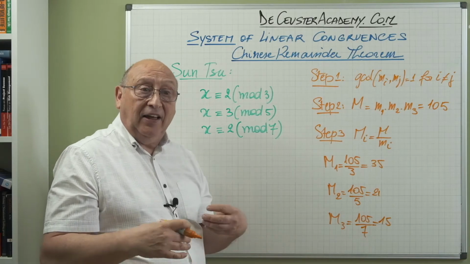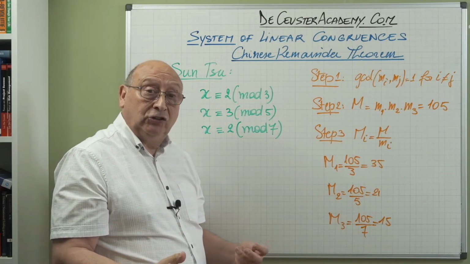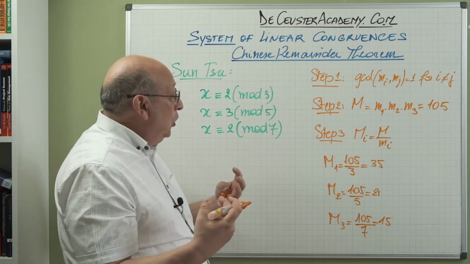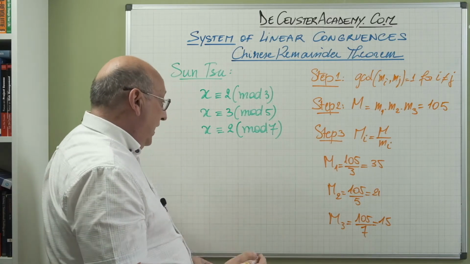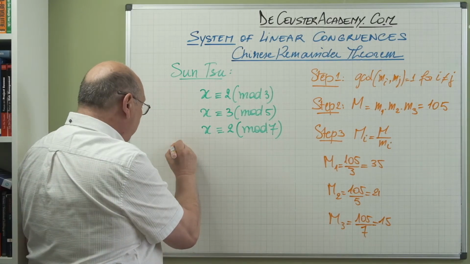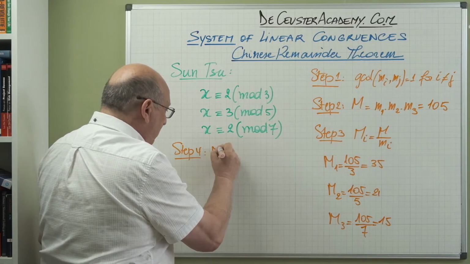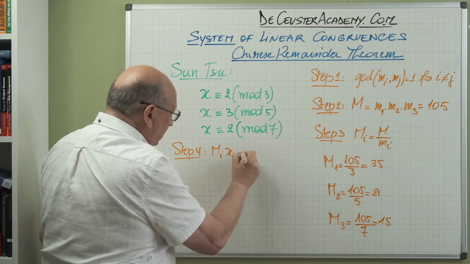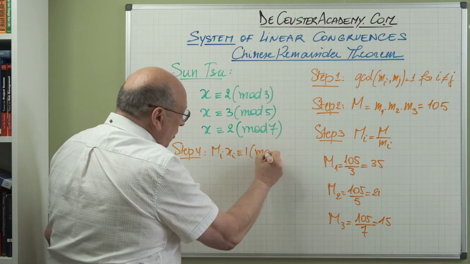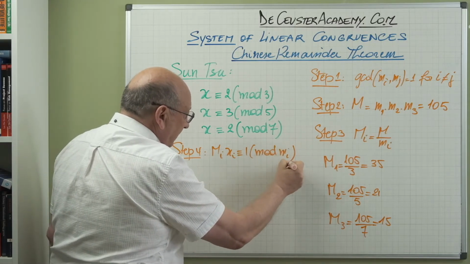Based on this, we can write the equations how we find the terms xi. And that's step 4. We have to find Mi xi, which are congruent with 1 modulus mi.